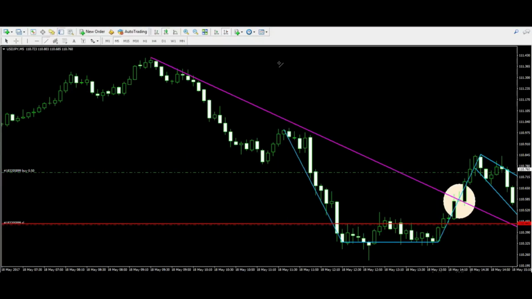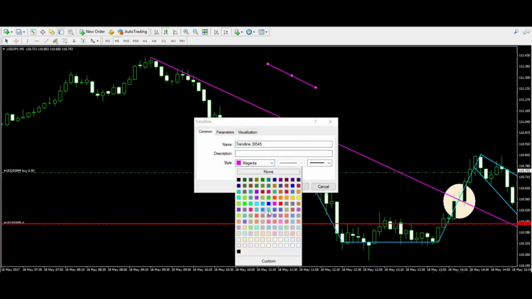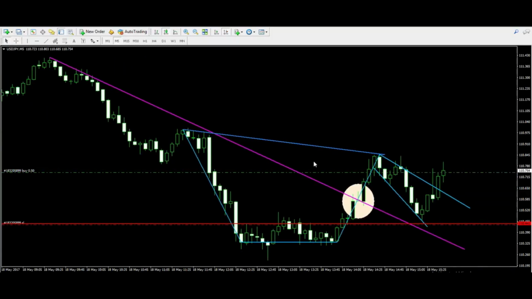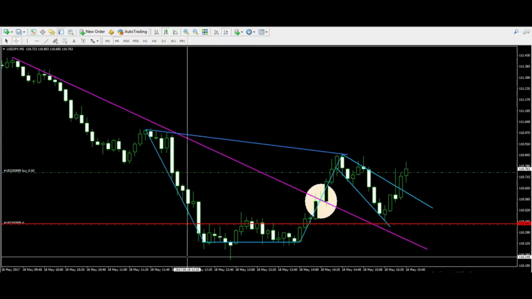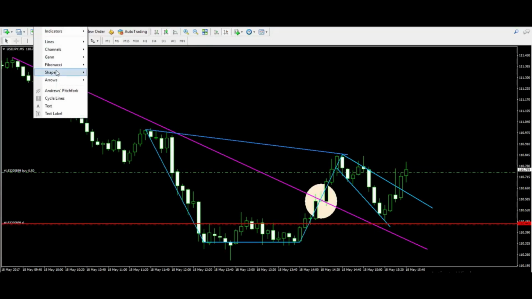So the ultimate cup with handle rules state that the take profit order should be located at a distance equal to the size of the cup. But the thing is that this time we will not take the widest part in the pattern over here, and we'll take the midpoint of the lower part of the pattern.